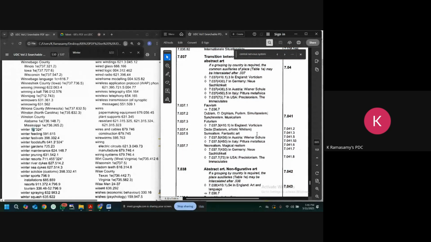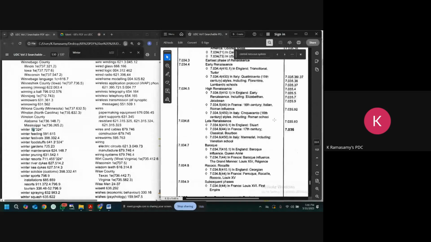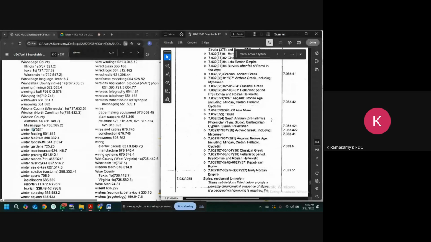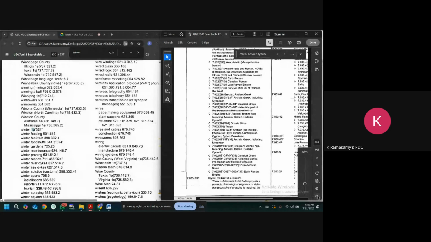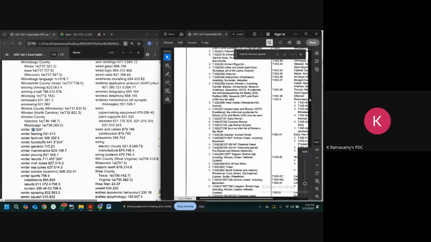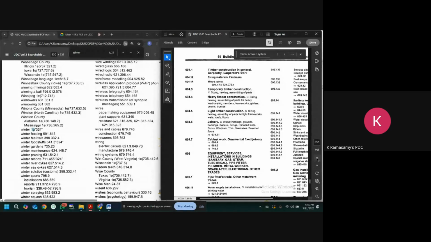Okay, if you take this UDC volume, volume 1, the entries are arranged in a particular style. I'll show you how the entries are arranged. You can see here. See, for example, I will go to a place. See, this is how the entries are.